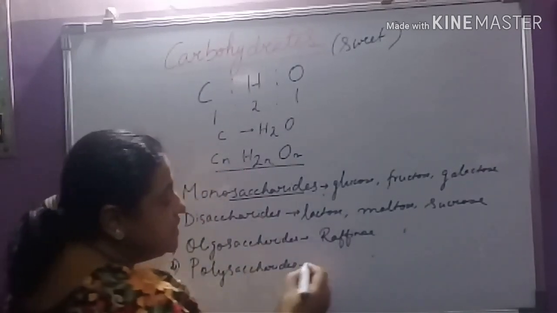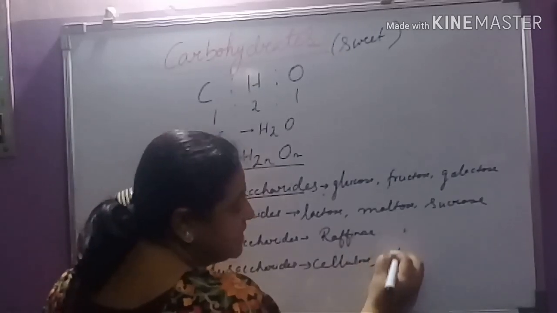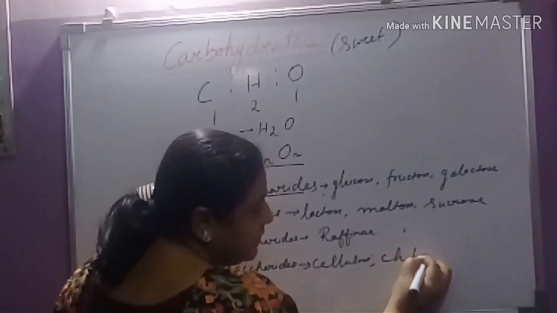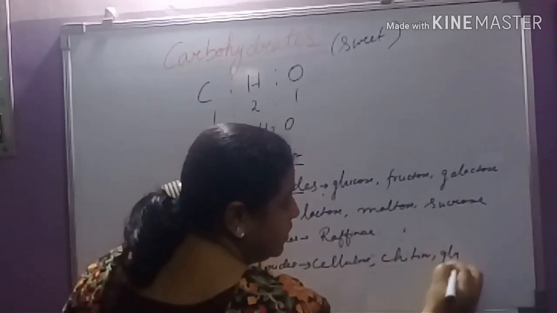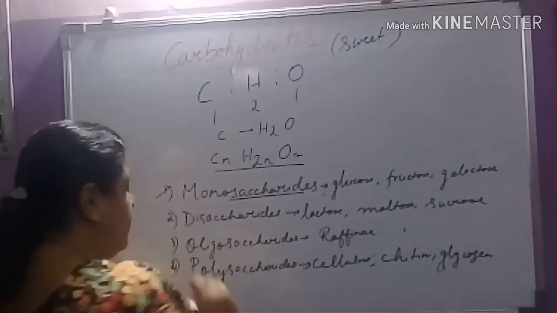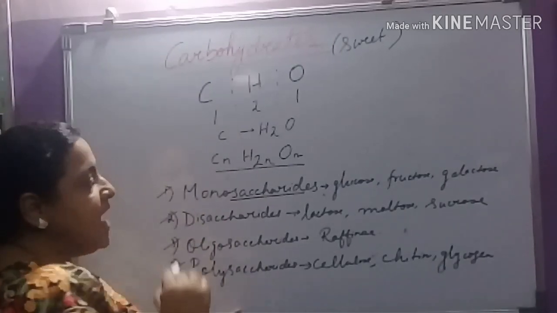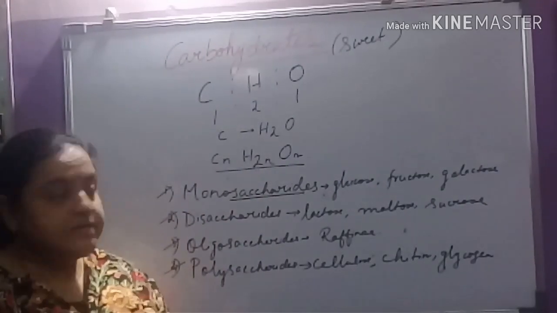Now, some important polysaccharides are cellulose, chitin and glycogen. Okay, so based on the units, they may be of 4 types: monosaccharides, disaccharides, oligosaccharides and polysaccharides.